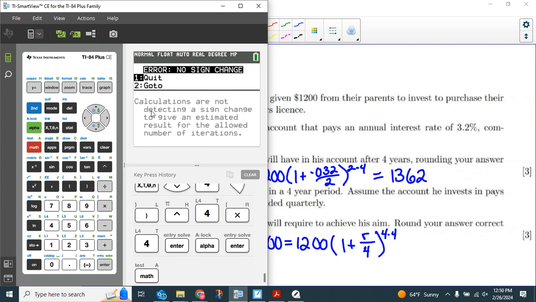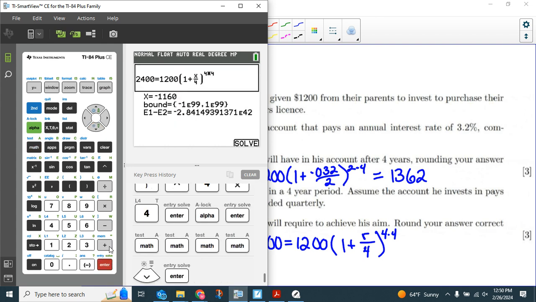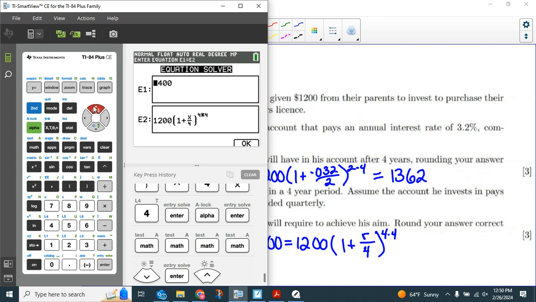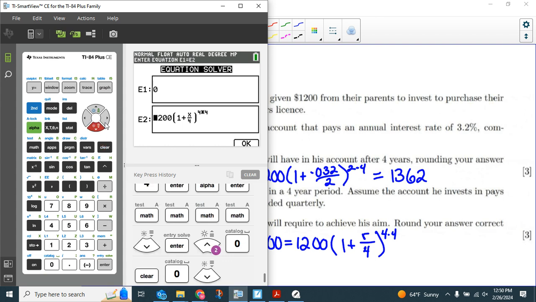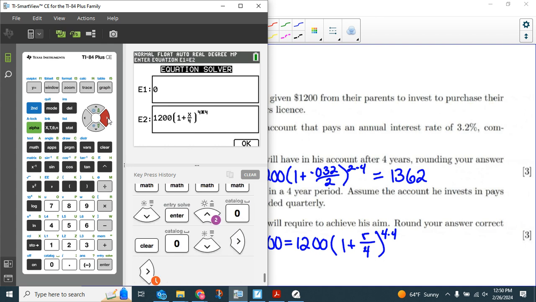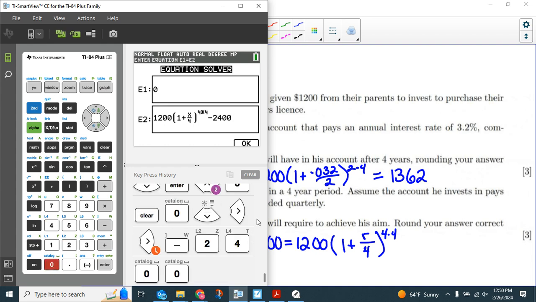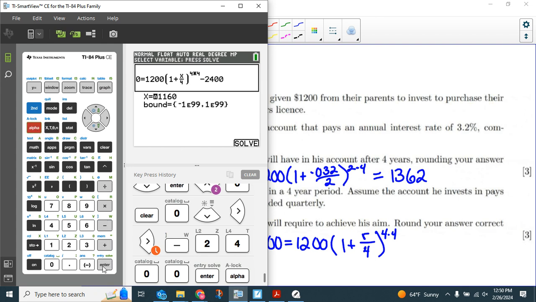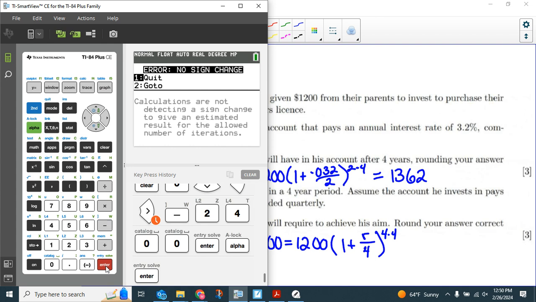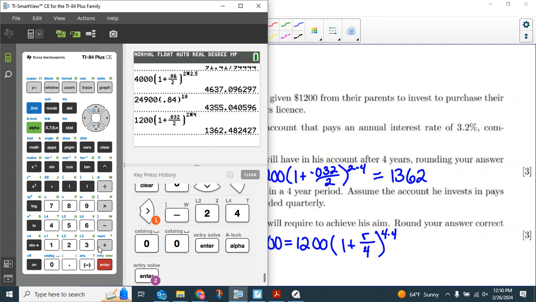Sometimes if it doesn't, the way to fix it, what I often do, is make this 0 and then subtract it out here. Like if you essentially set that equation equal to 0, you'd have to subtract 2,400 from both sides. So sometimes this will help correct. Nope, didn't like it at all.